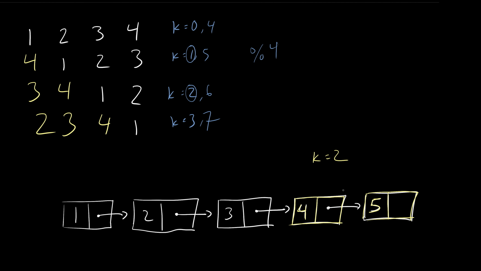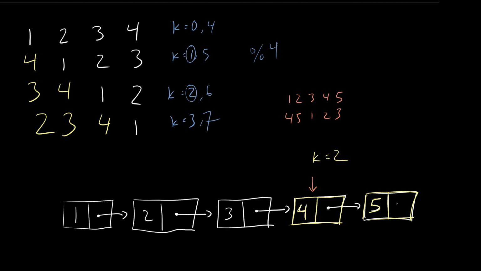What we want to do is turn 1, 2, 3, 4, 5 into 4, 5, 1, 2, 3, correct? So how we do that is we want this guy to be the new head, right?